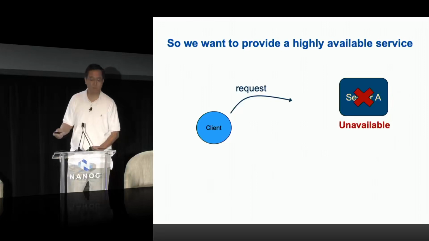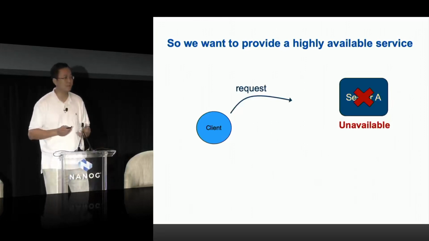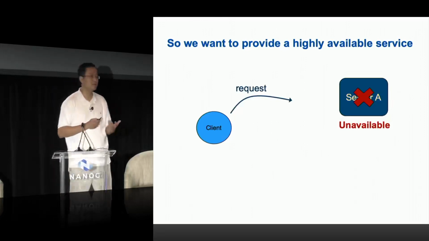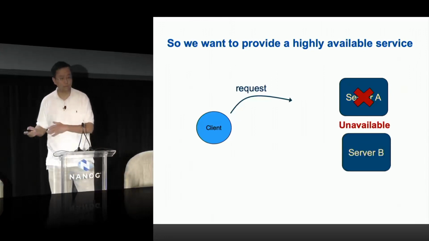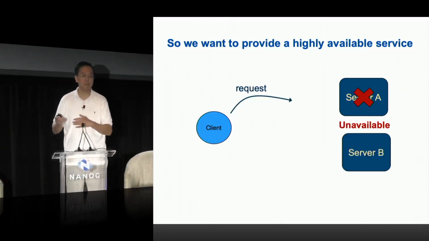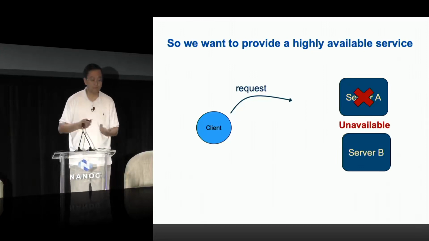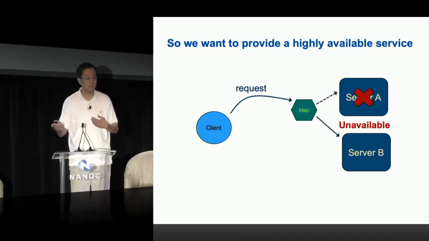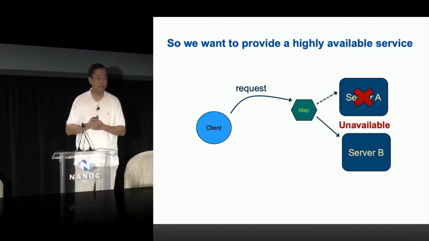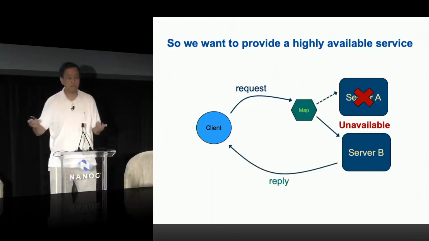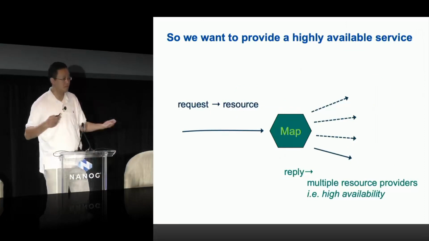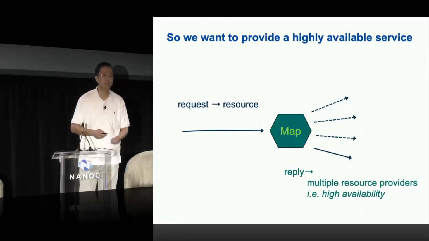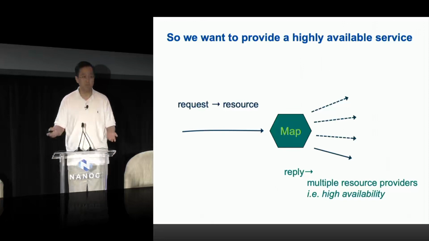Well, for a highly available service, we assume that if the same content or configuration of the original server is replicated on a second one, then the second one can reply to the service, provided that the request can be mapped to the one that is available. By providing this multiplicity of resource providers, we increase the availability of the service per se, right?